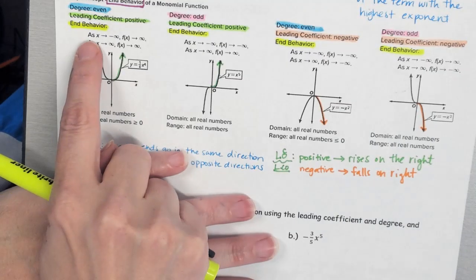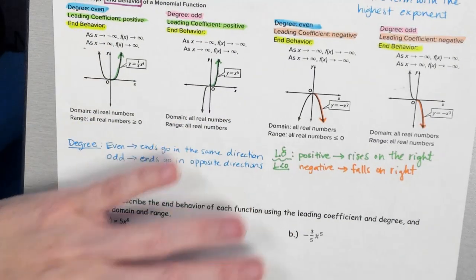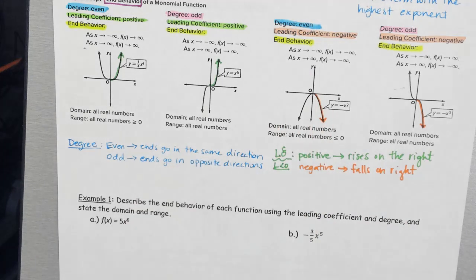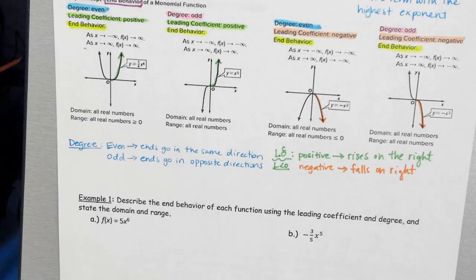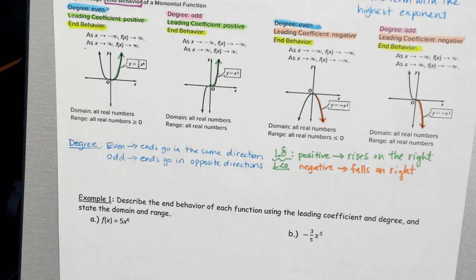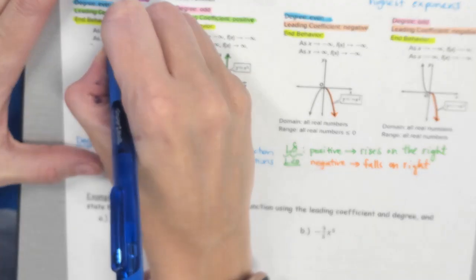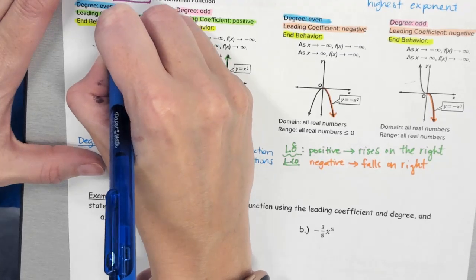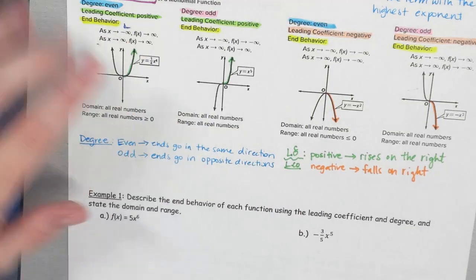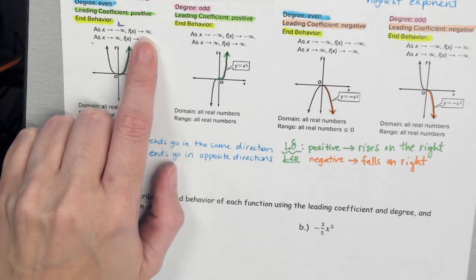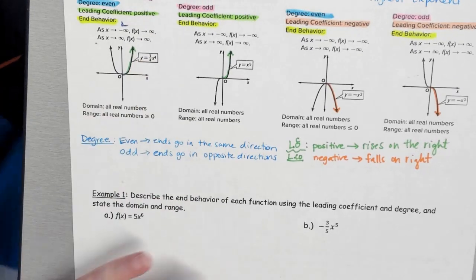Yeah, the reason they all start like that is because when x goes to negative infinity, that means it's the left side of the graph. And every single graph is going to have a left side and a right side. So what this means is, as x goes to the left, f of x goes either up or down.